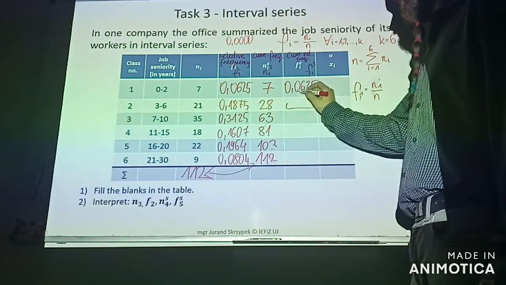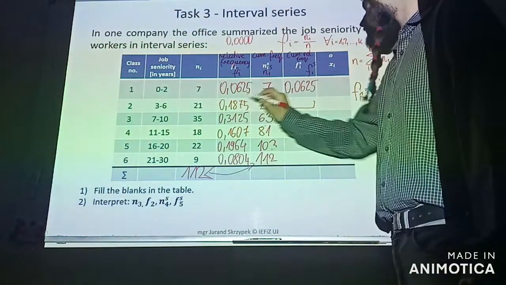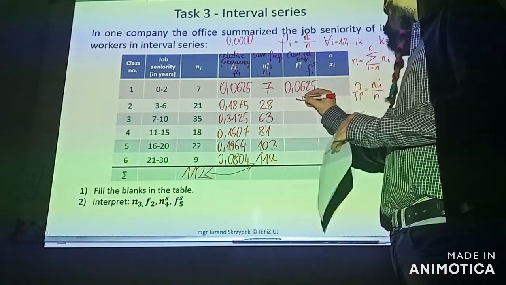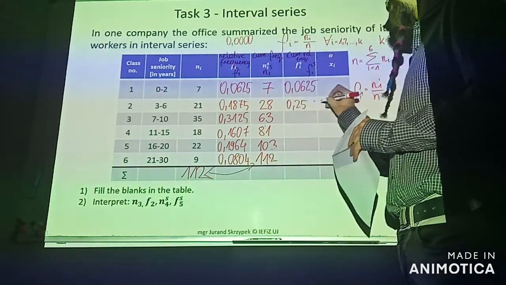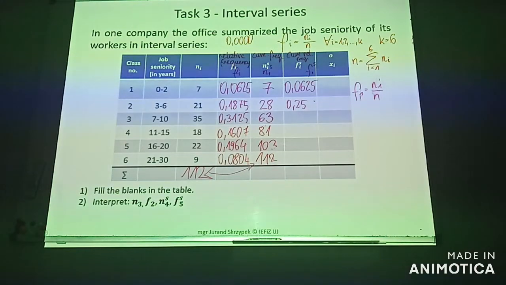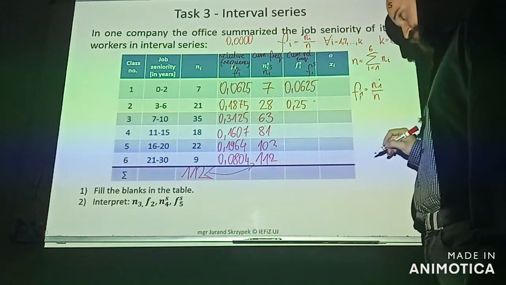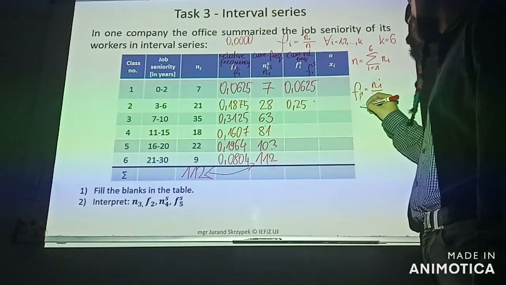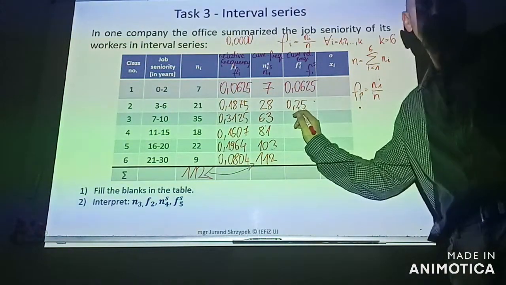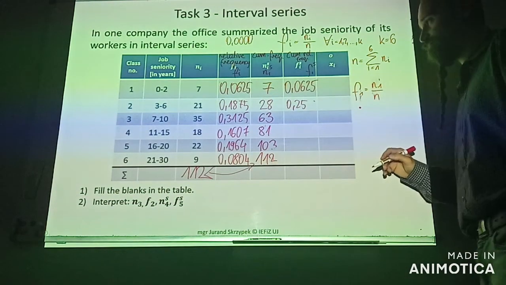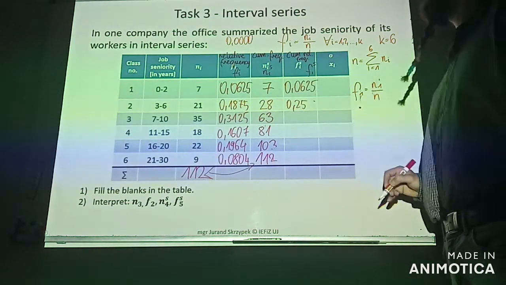This plus this gives us 0.25. Sorry, we can use a dot here, or in Polish mathematical notation, a comma.